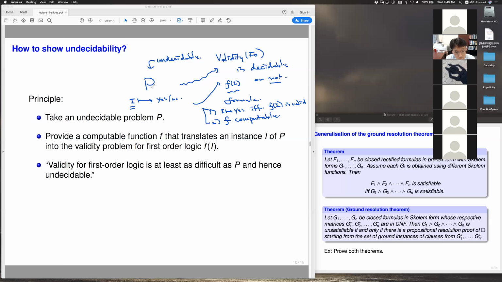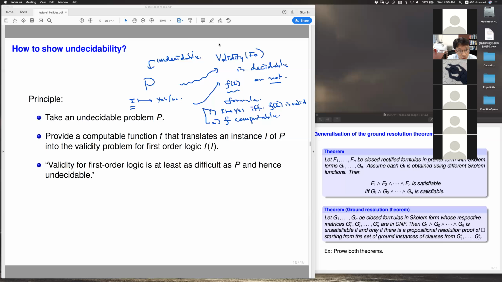For the original problem P, we take I, map it to the validity question by applying F, and then apply the algorithm for validity to answer whether F of I is valid or not. That would give an algorithm for solving the original problem P, but that's not possible because P is known to have no algorithm at all. So that's the idea of reduction.